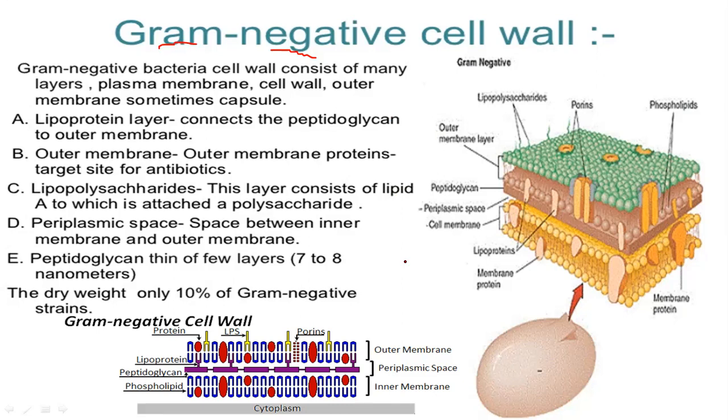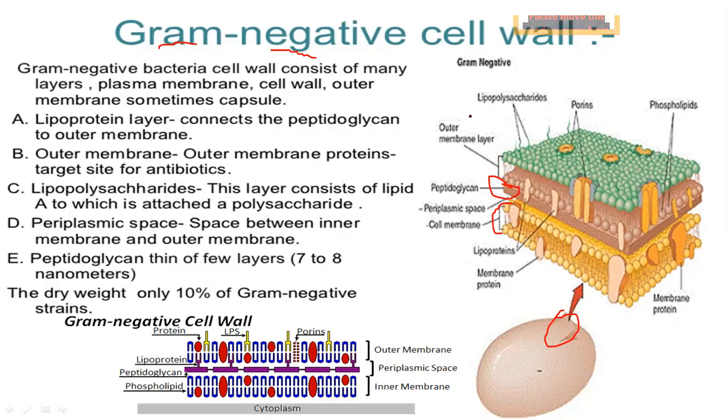If you see this bacteria, if you take its cell wall, you can see it has different types of layers. The innermost is the cell membrane. It is a lipid bilayer, we know that. Then it has specifically this layer, called the peptidoglycan layer. This layer has specificity and is different in different bacteria.